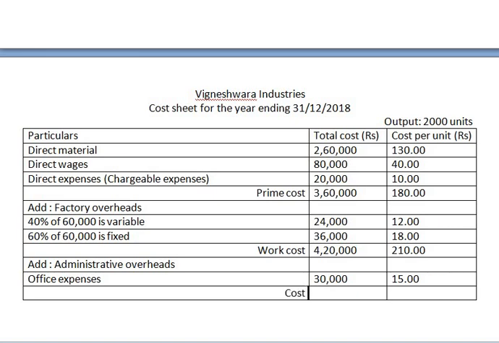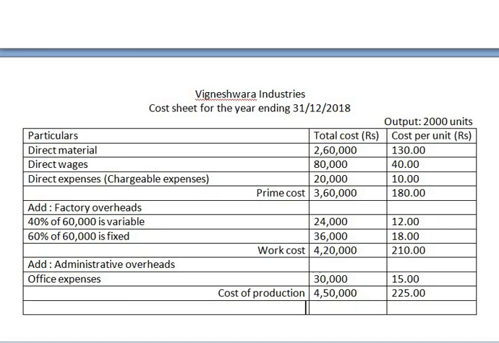So this itself is called as what? Cost of production. Okay. Yes. Now make a total. So that is 4,50,000 and this is 225.